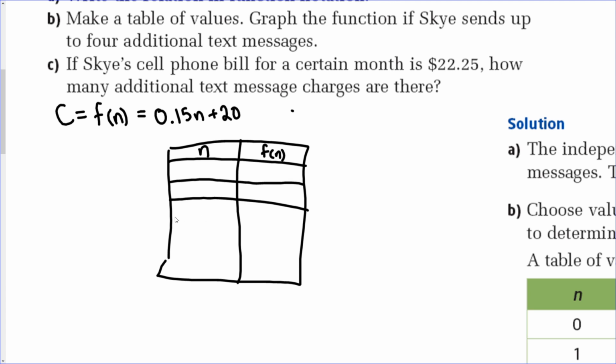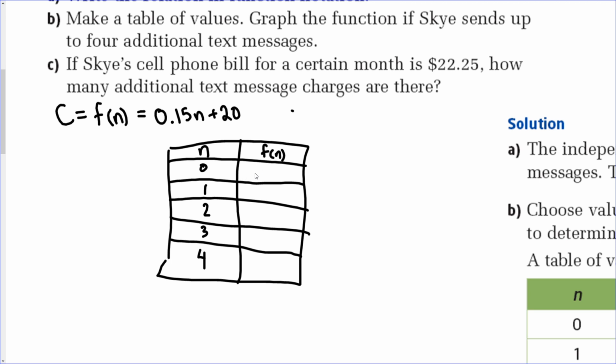So we are going to do the table for 0, 1, 2, 3, 4 texts. This is the old days once again. 4 texts a month, not unreasonable, I guess.